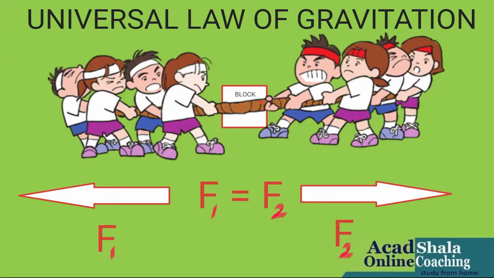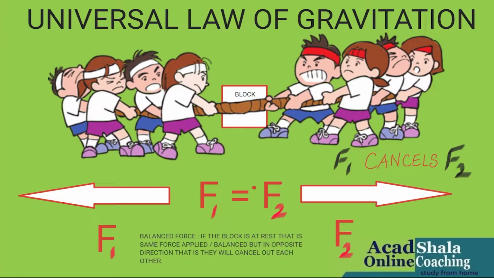Again, I'm saying it is in rest position. What do I conclude from this? That the force F1 over here and the second force F2 over here must be the same. That is why F1 is equal to F2, and this indicates the block in the center is at rest.